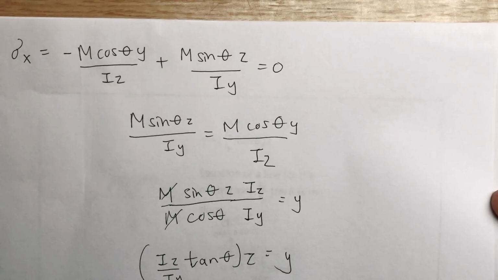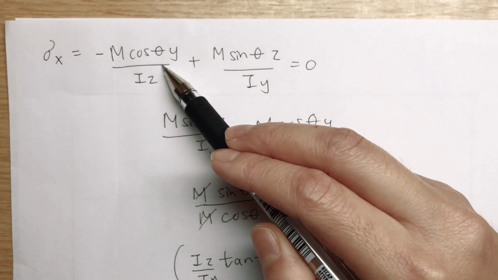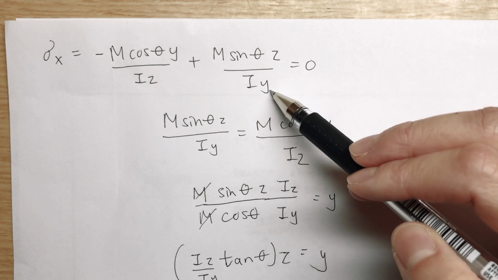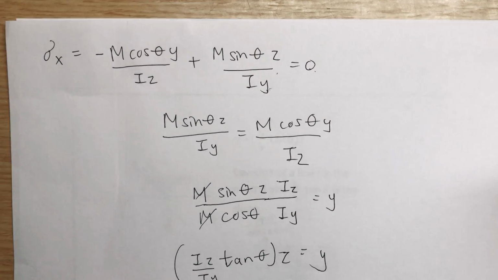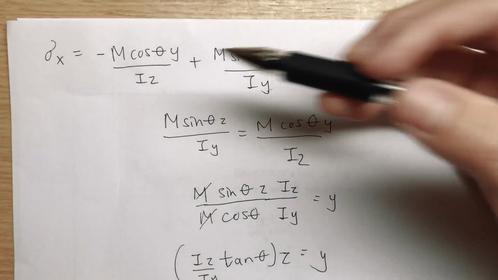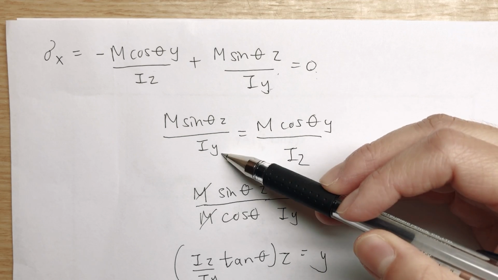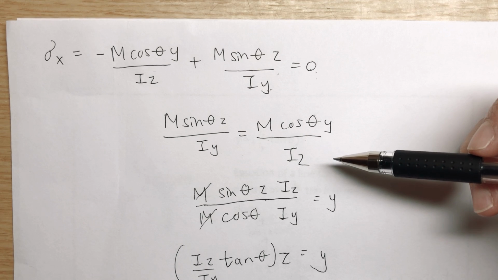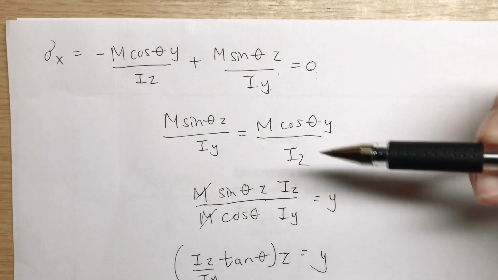So stress equals M cosine theta y over Iz plus M sine theta z over Iy equals 0. We're gonna move the cosine term over, so M sine theta z over Iy equals M cosine theta y over Iz. Then we're gonna multiply the Iz over and divide by M cosine theta.